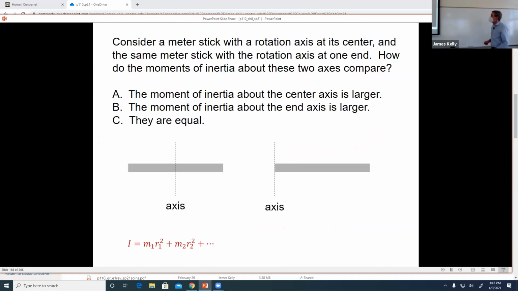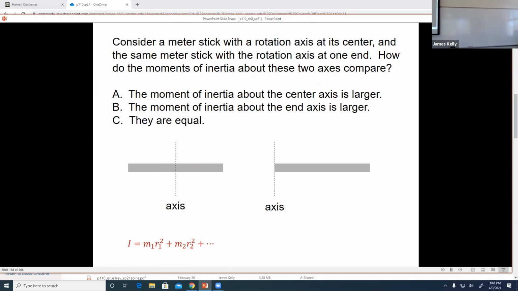Okay, let's do a voting question to start with, or two maybe, I can't remember. Here's our definition, just to remind ourselves of moment of inertia down at the bottom. I've got a meter stick, and I'm going to consider setting it up to rotate around an axis through the center, the 50 centimeter mark on the meter stick, or about one end.